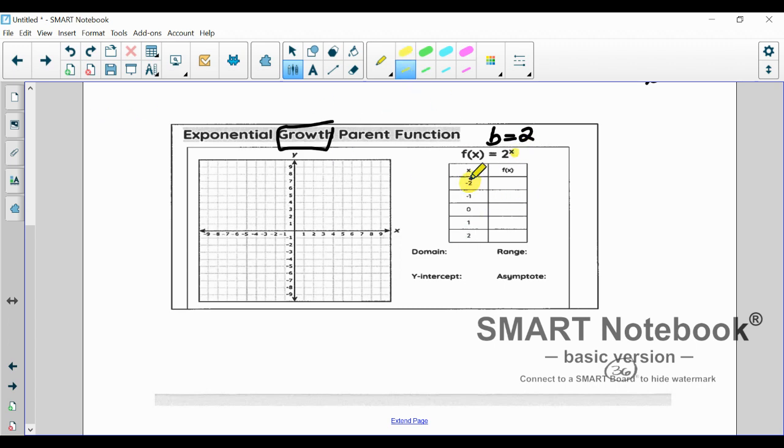So -2 will go in, then -1, then 0, 1, and then 2. So 2 to the -2 is 1/4 because when we raise something to the negative power, we have to take the reciprocal of it. So it's 1/2 squared, which is 1/4. Then 1/2, then 1, then 2, then 4. We are doubling in size each time.